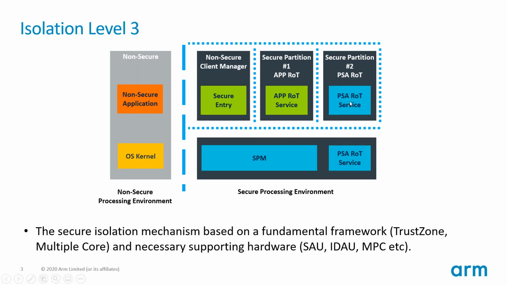The PSA root of trust service in the upper side may be accessed by the application root of trust services or by the NSPE, so it is implemented in a secure partition. Another PSA root of trust service would be accessed by other PSA root of trust services only, so it is implemented in the SPM, in the same domain as the SPM. In general, in TF-M, we implemented them as a SPM core or something.